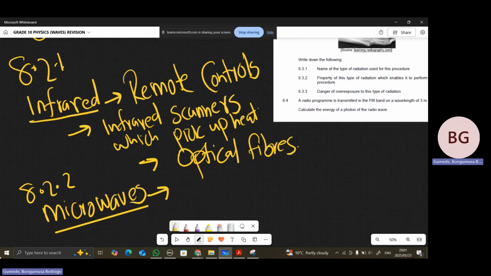Infrared can also be used in thermal imaging, and even medical use. Nowadays, there's also medical use.